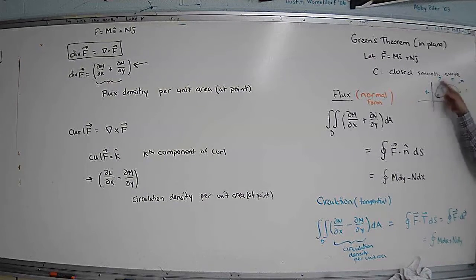It's the change in circulation along the edge. Now, what this is going to look like when we move it into space is that we just won't be talking about a curve, we'll be talking about a surface. And we're going to do the exact same thing again.